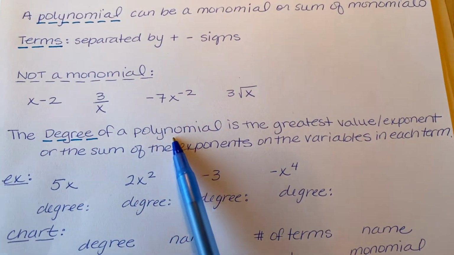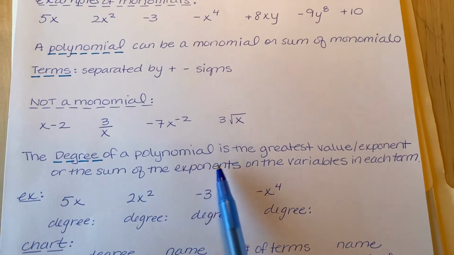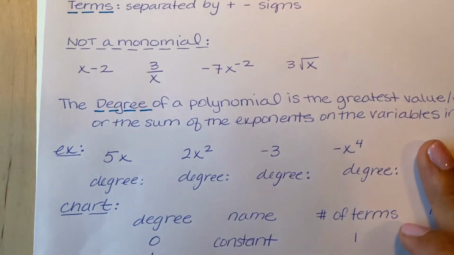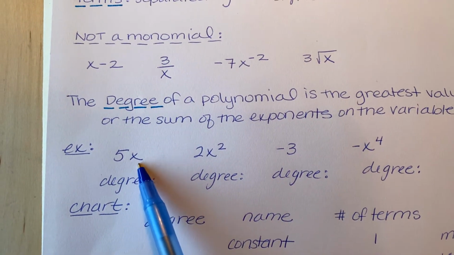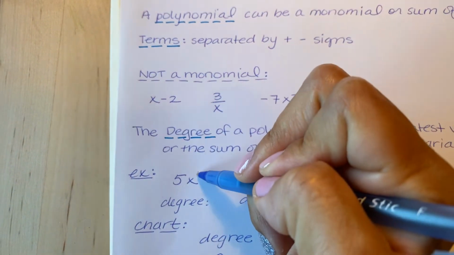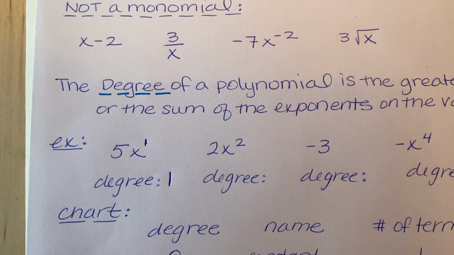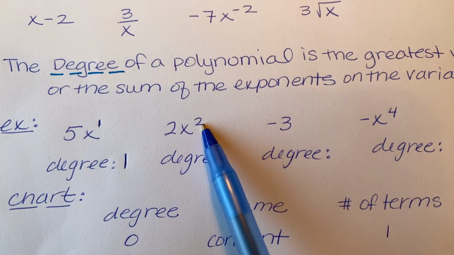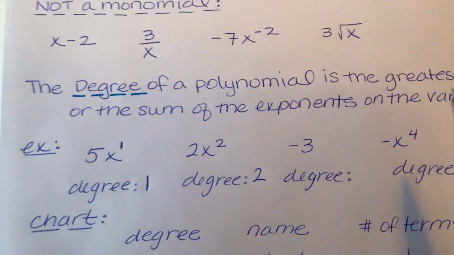The degree of a polynomial is the greatest exponent, or the sum of the exponents of the variables in each term. Example, 5x. If we want to talk about a degree, remember 1 is always implied in mathematics and English. So this is really an implied 1, so your degree is 1. 2x squared, here is my exponent, so my degree is 2.